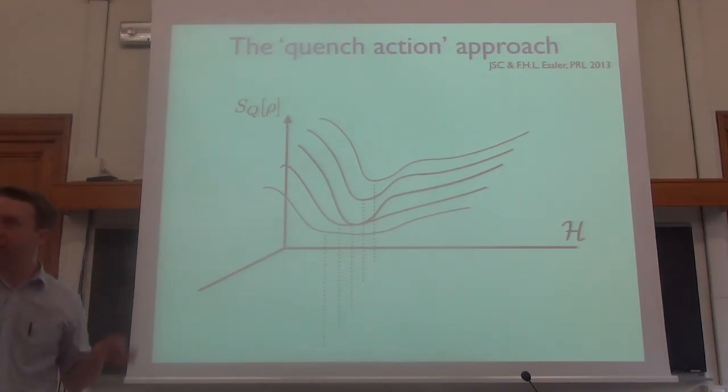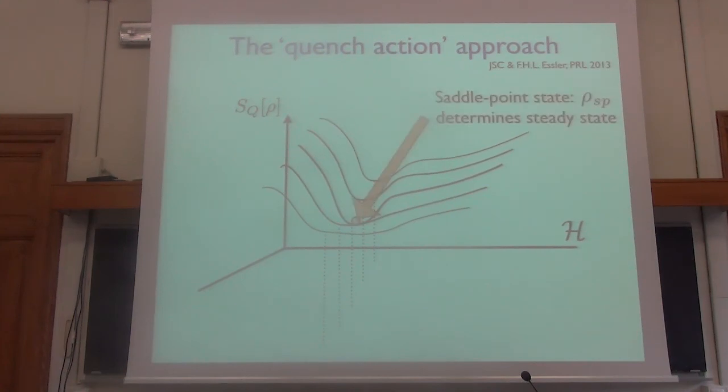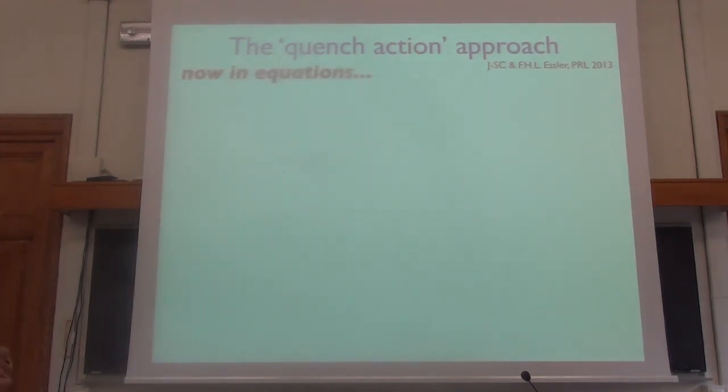Think of it a bit like the Gibbs free energy that you write when you do Yang-Yang, except that now it's not the energetics that matter, it's the overlaps. But then you can do the TBA like we did in order to find the important states that give you the long-term and the relaxation processes. Okay, so the message is that essentially you can solve this quench problem exactly with these methods.